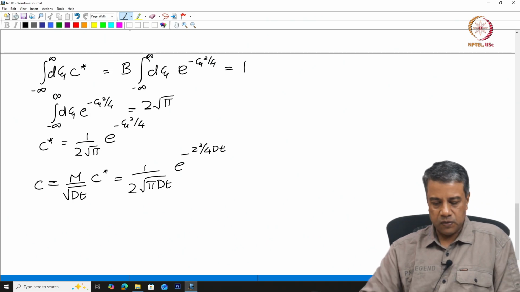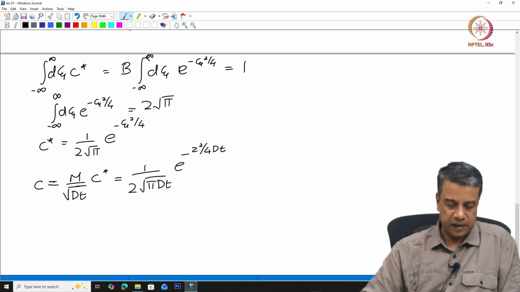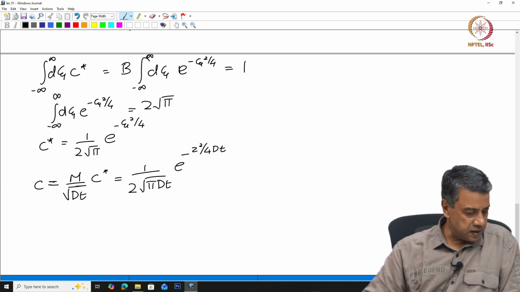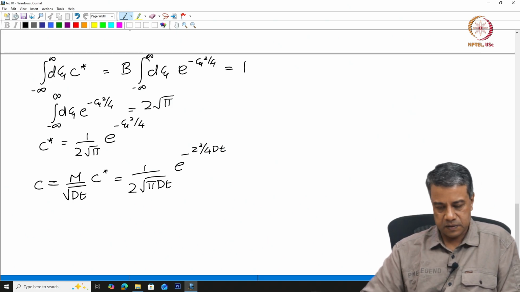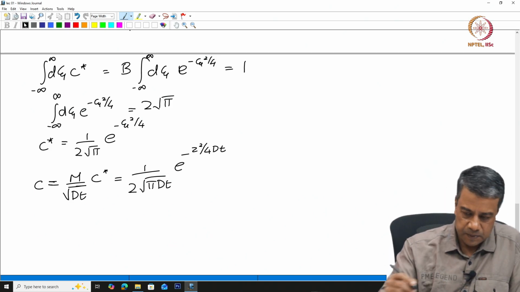Psi is z by root dt, therefore, psi square is z square by dt. So, this is the concentration field, the solution for the concentration field determined using a similarity solution.